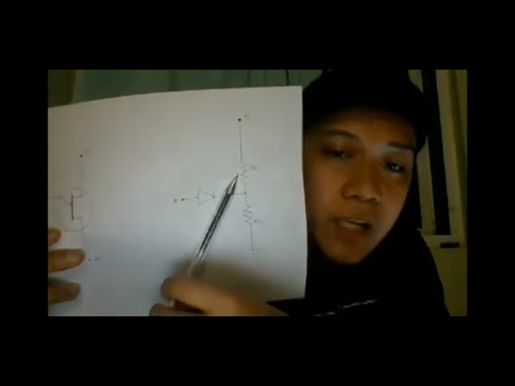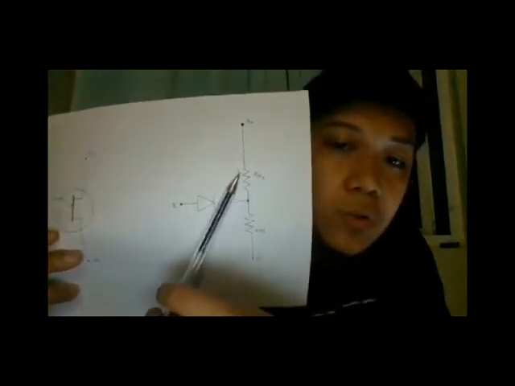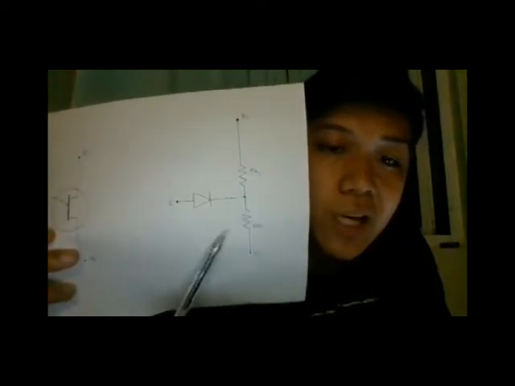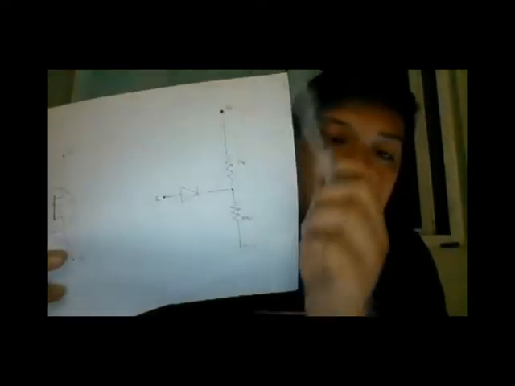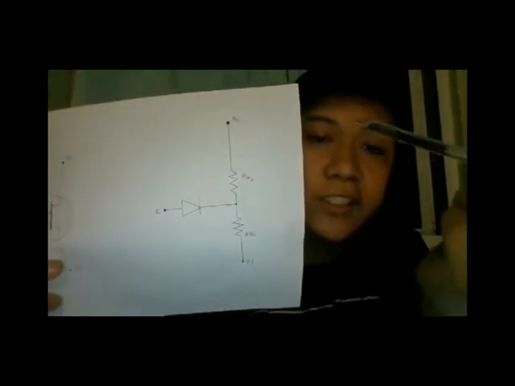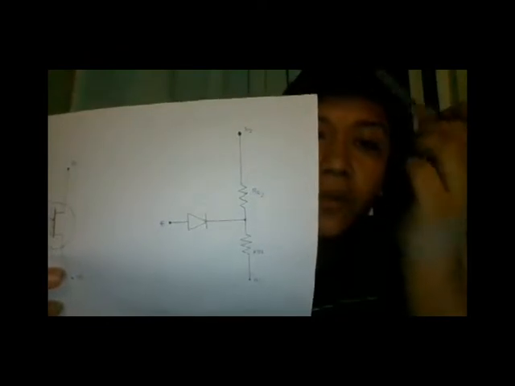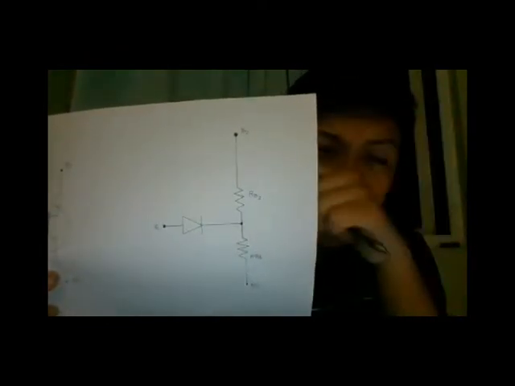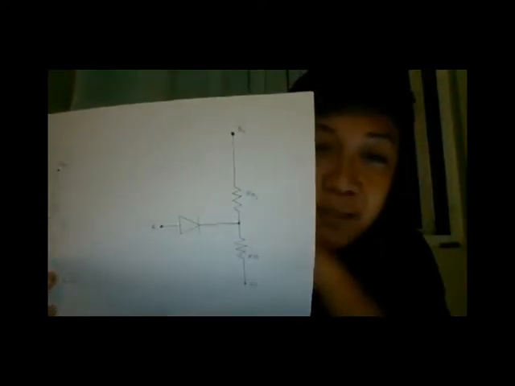Mas mababa na ngayon yung resistance ng B2 mo kaysa dun sa resistance ng RB1. Then, these two series resistances produce a voltage divider network between the two base terminals of the UJT.